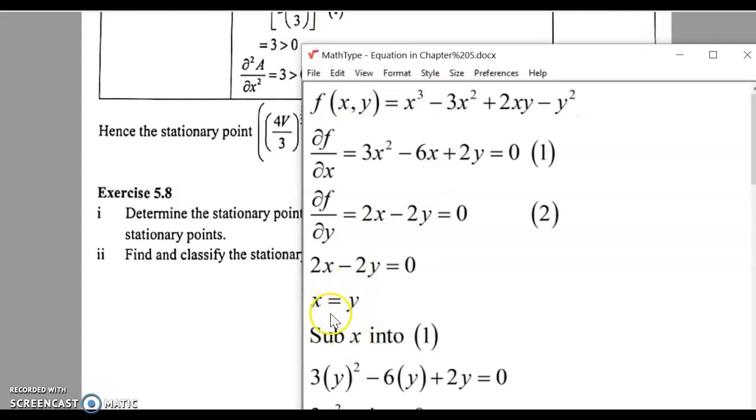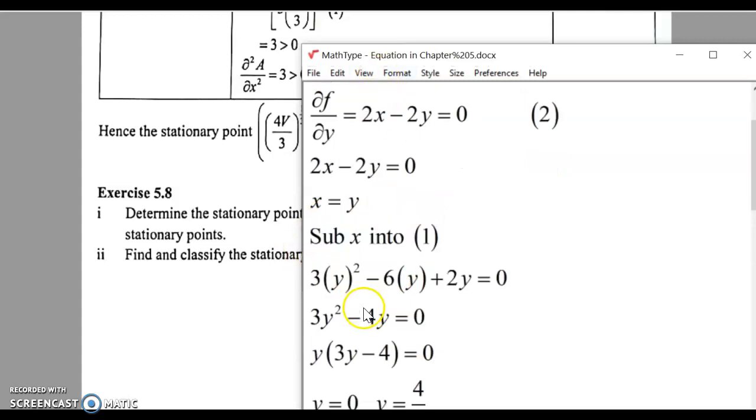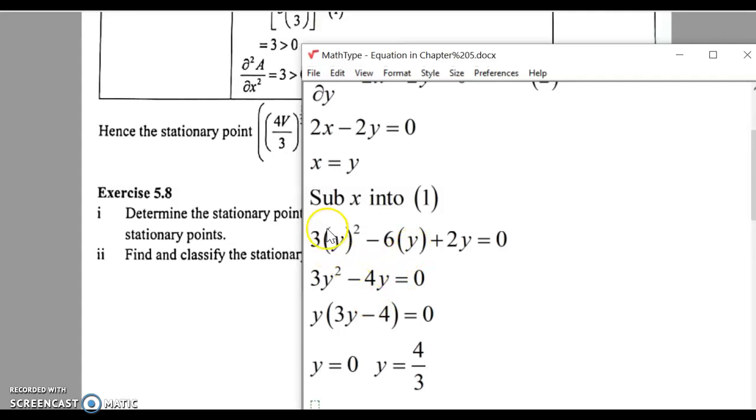Then of course substitute this function into the other function that you have here. So I substitute all of x here to y, right, based on this, and I obtain 2 values of y: y equal to 0 and y equal to 4/3.